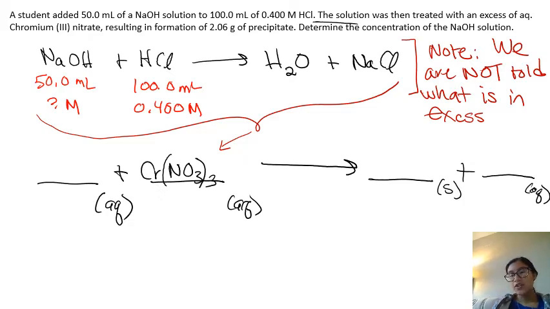When you look at your solubility rules, you'll quickly see that there's only one option. A lot of you guys thought it was chloride, which kind of makes sense because there's chloride in the sodium chloride left over at the end of that reaction. So it kind of makes sense, like a series: you take the sodium chloride and now you react it with the chromium nitrate.